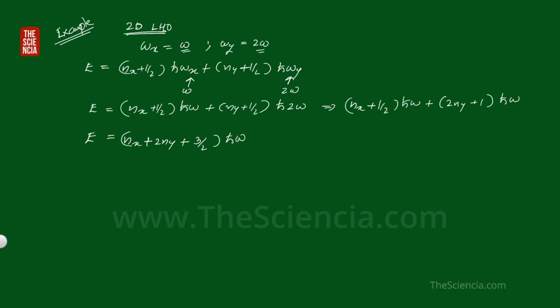And here this nx can have values 0, 1, 2, etc. And ny also can have values 0, 1, 2, etc. So let us make a table, that is nx plus ny, nx comma ny, nx plus 2 ny plus 3 by 2, and their increasing order.